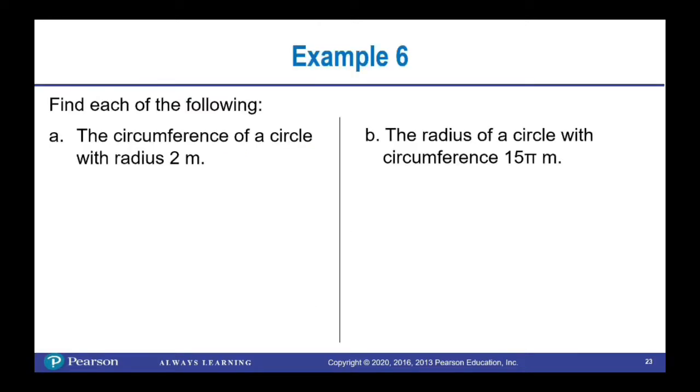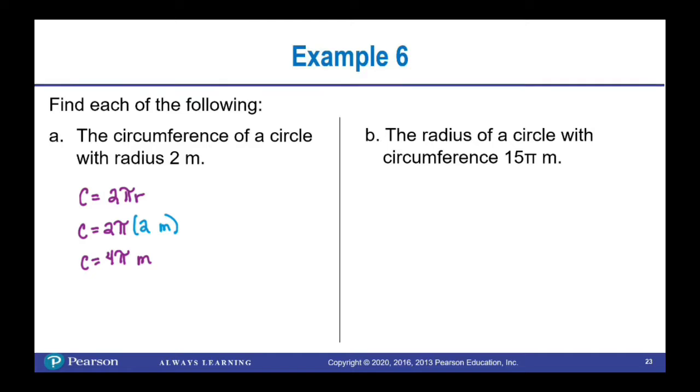In example 6, in part A, we're asked to find the circumference of a circle. So here's my formula, C equals 2 pi r. Plug in 2 meters for the radius. 2 times 2 is 4 meters. Read your directions in Math Labs carefully. Does Math Labs ask you to round pi to 3.14?